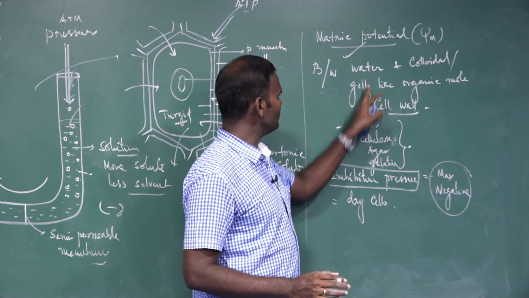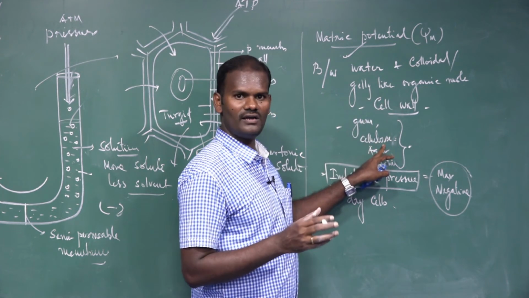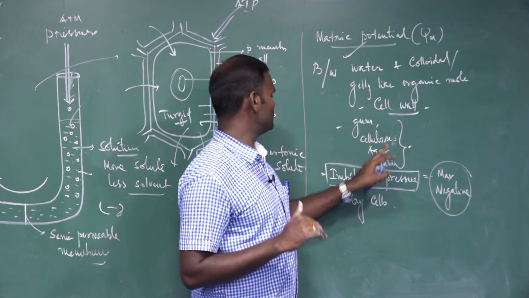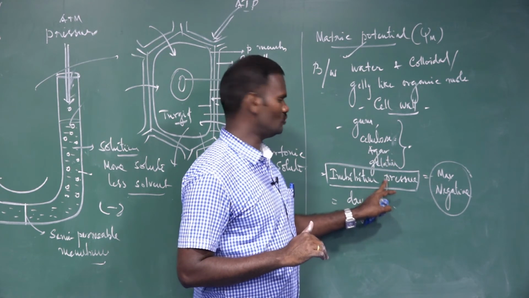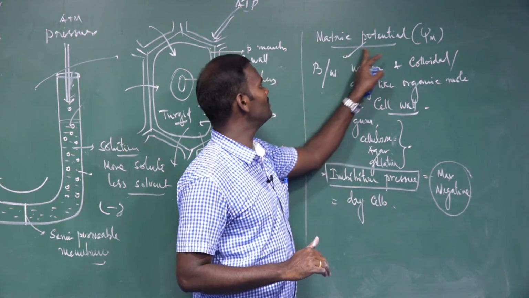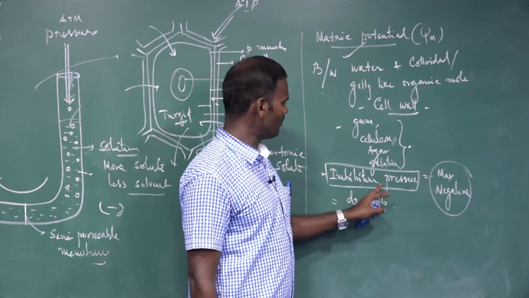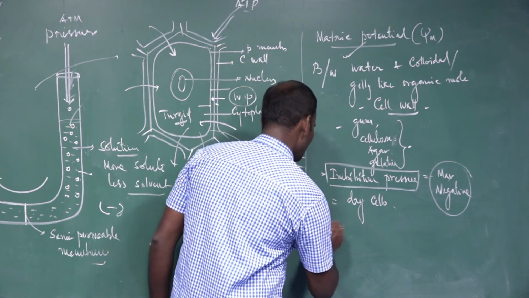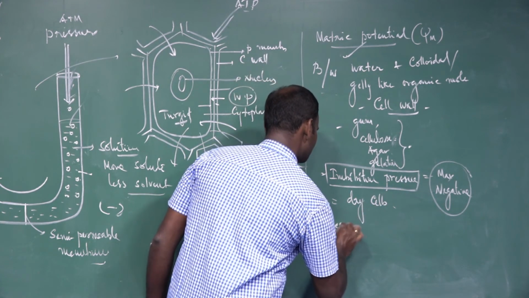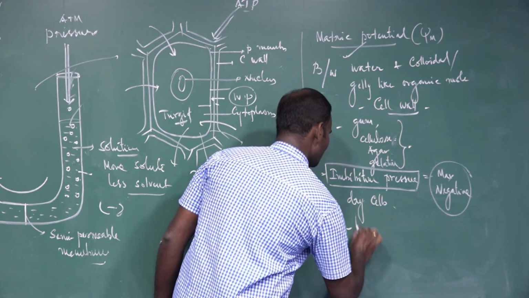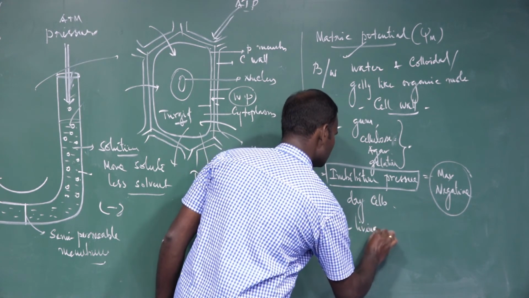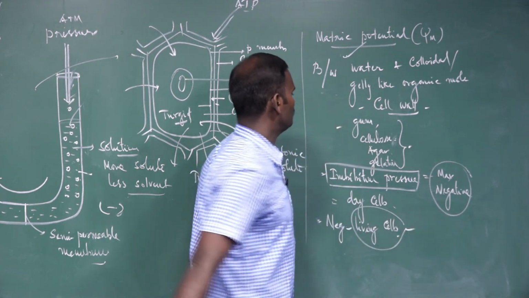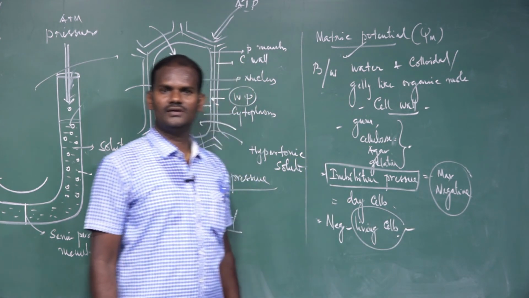Due to the presence of these jelly-like substances in the cell wall, they imbibe water and create a pressure called imbibition pressure. So imbibition pressure is also called matric potential. It is applicable only in dry cells. It is not applicable or negligible in living cells. So this is called matric potential.